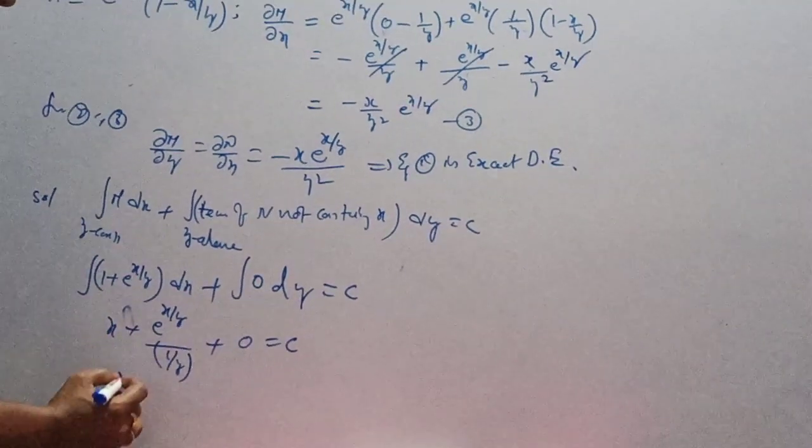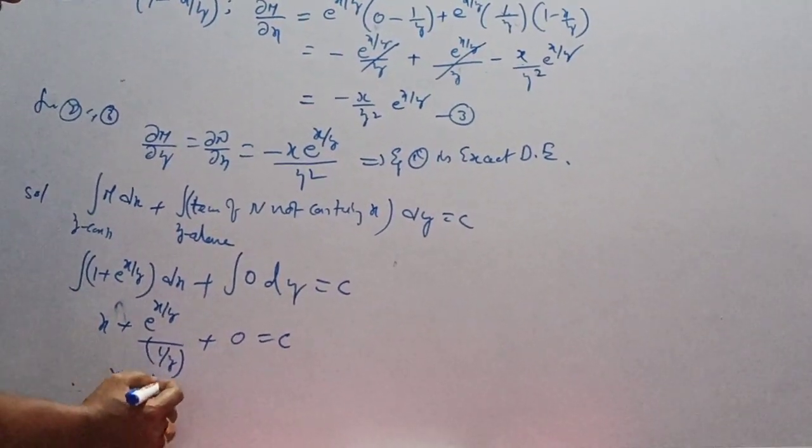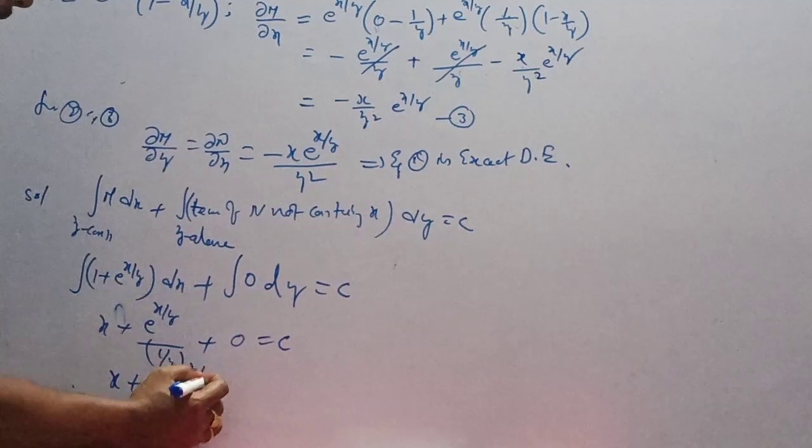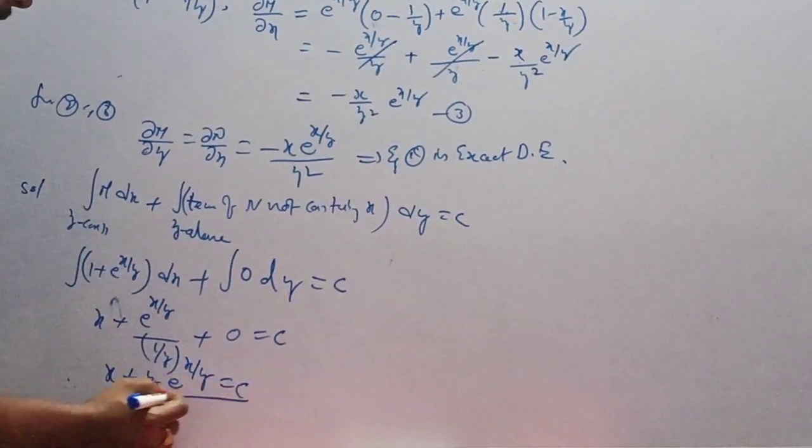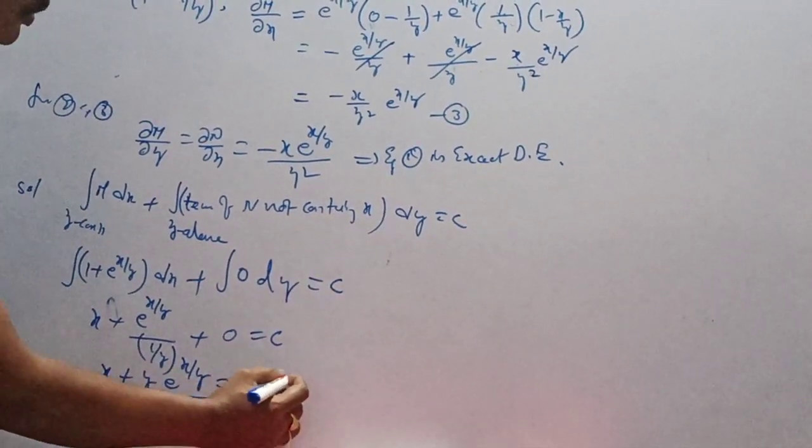So rewriting: (x + y) e^(x/y) = c is the required solution.